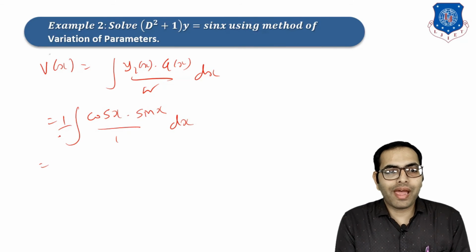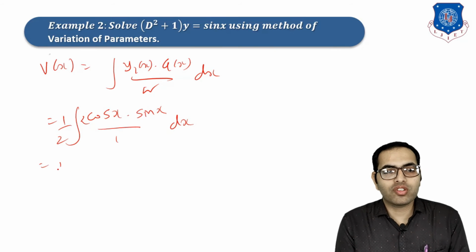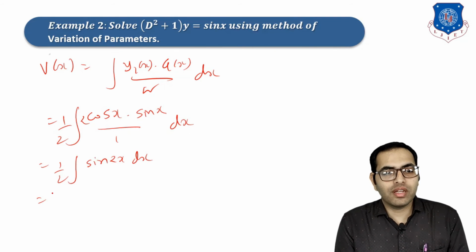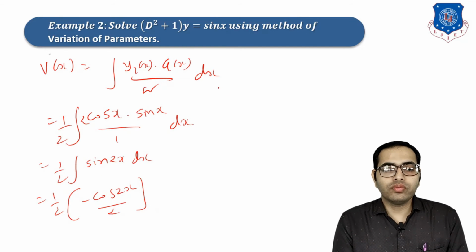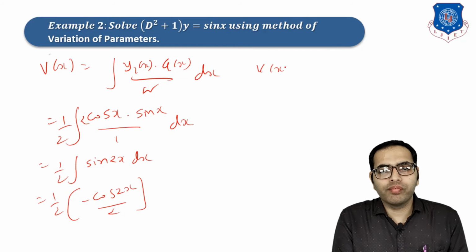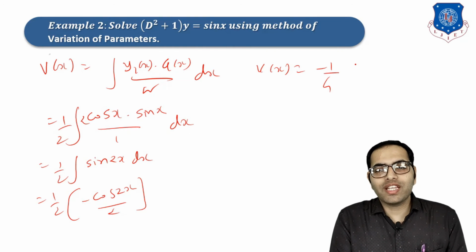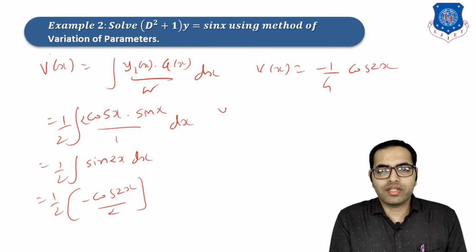Now multiply and divide by 2, then 2 sin x cos x becomes sin 2x dx, then 1 half integral of sin 2x, that is minus cos 2x by 2. And when we simplify that term, v of x becomes minus 1 by 4 cos 2x.